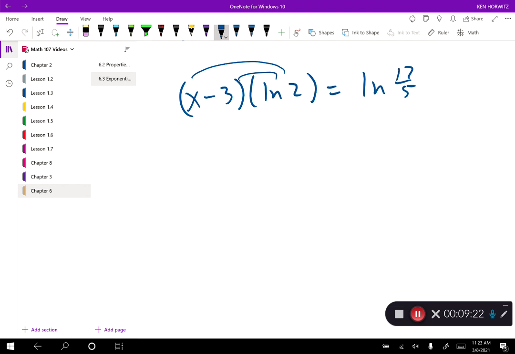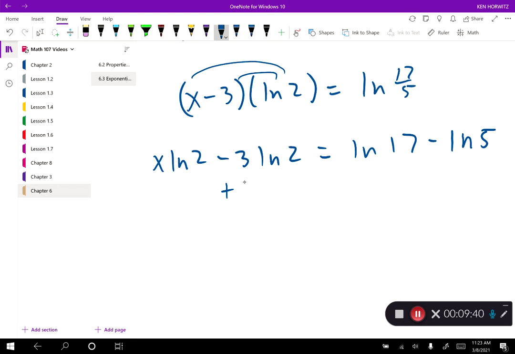But I can distribute the ln 2, so I get x ln 2 minus 3 ln 2 equals the ln of 17 minus the ln of 5. All right, so now I'm going to add 3 ln 2 to the other side. So I get x ln 2 equals ln 17, excuse me.